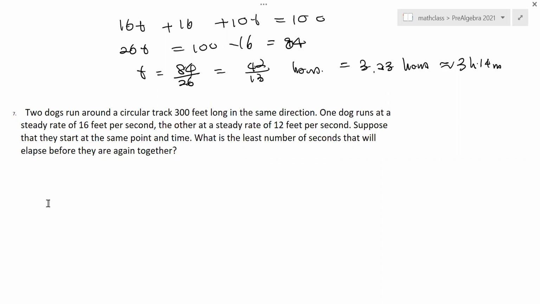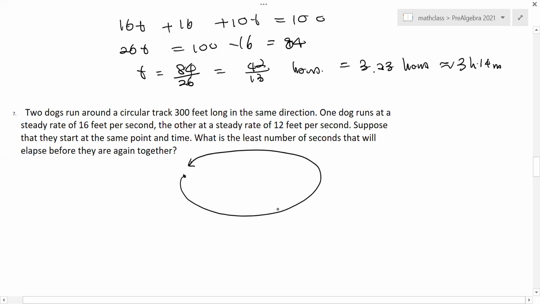Suppose that they start at the same point at the same time. Draw the picture. Now, what is the least number of seconds that will elapse before they meet again?